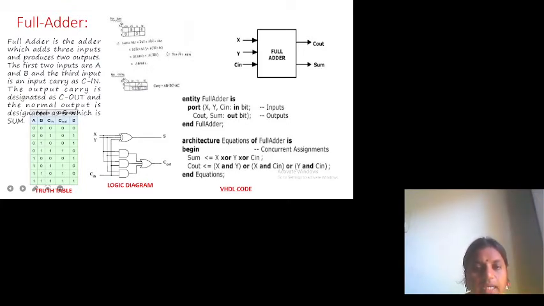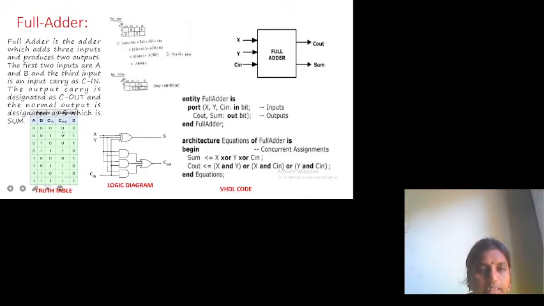Similarly for the carry out, if you take the Karnaugh map, we will get AB plus BC plus CA, the products of 2 inputs ANDed, or you can write AB plus BC plus AC. So here carry out.